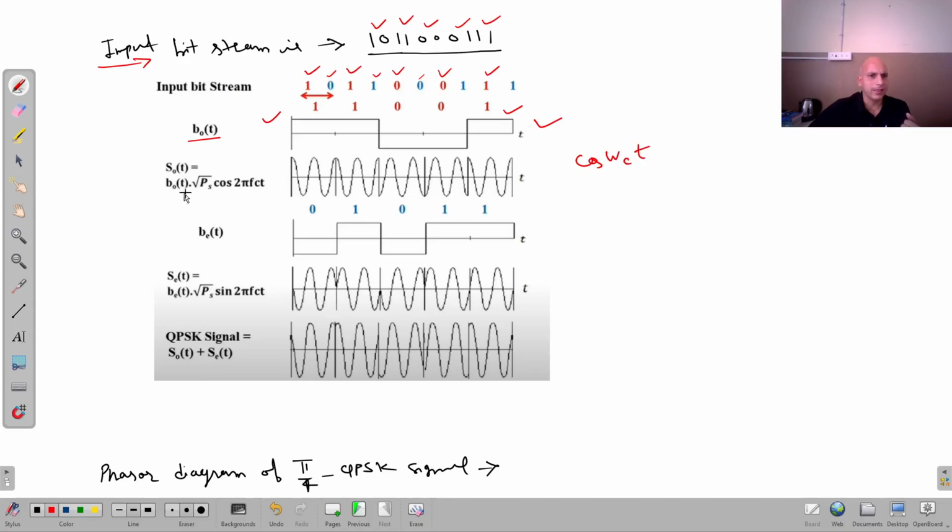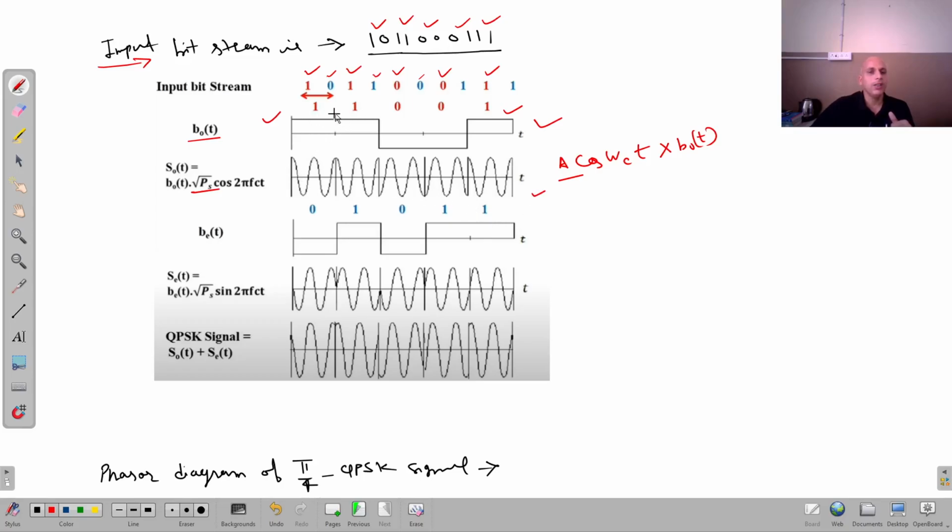Here A is taken as √(P_s), so forget about it. So I am taking A cos ω_c t multiplied by B_odd. Then what will happen? You will have a change of phase. You can see here 0 1 0 1 1, right?